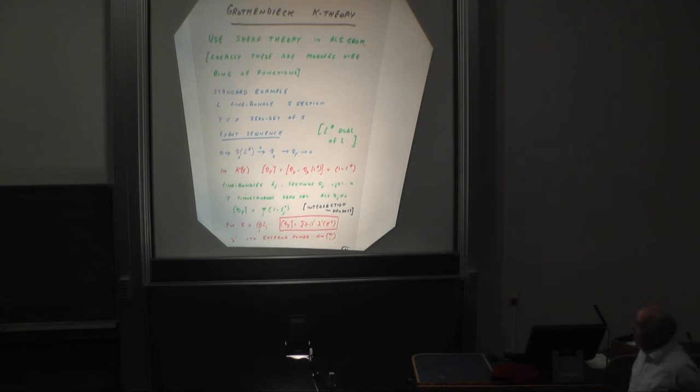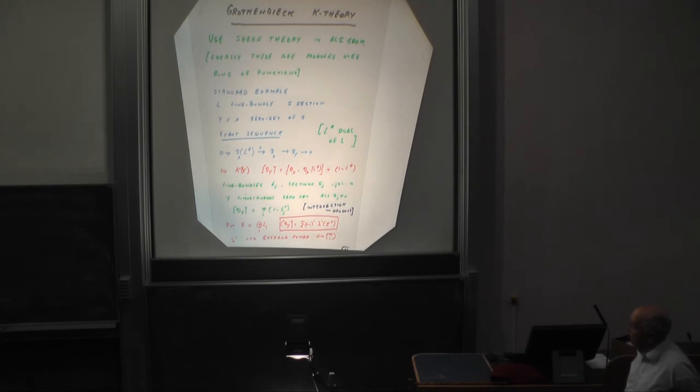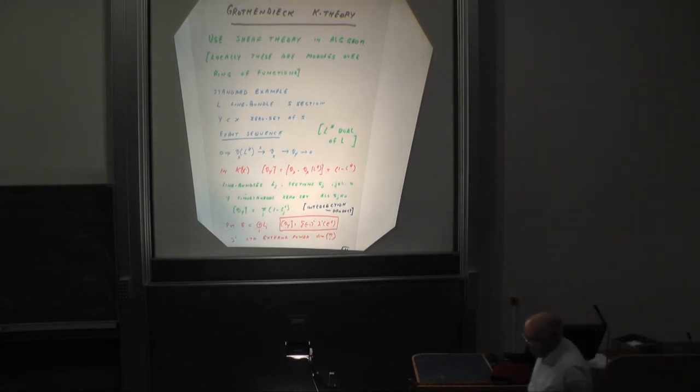So if you have a bundle E, and its section vanishes on Y, then the Grothendieck class of Y is just equal to the alternating sum of the exterior powers of E star. It's a very nice simple formula.